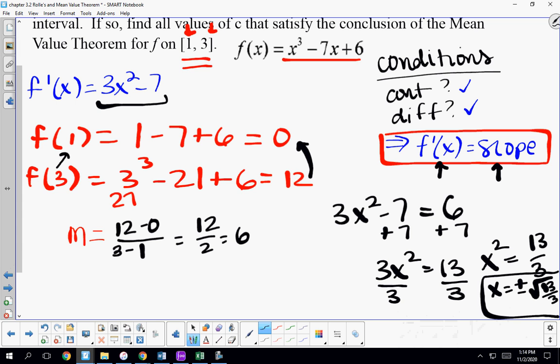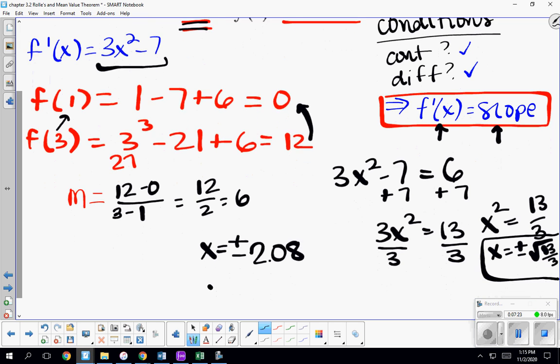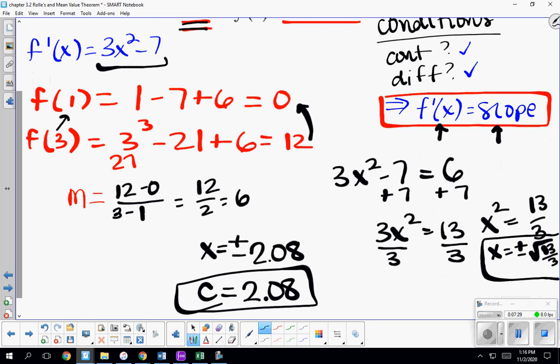So now I just need to see if either of those are in my interval. If we were to simplify that, we get x equals plus or minus 2.08. And we see that one of those is in our interval. So our c value that we were looking for, our special number, is going to be 2.08 is when this happens on our interval.